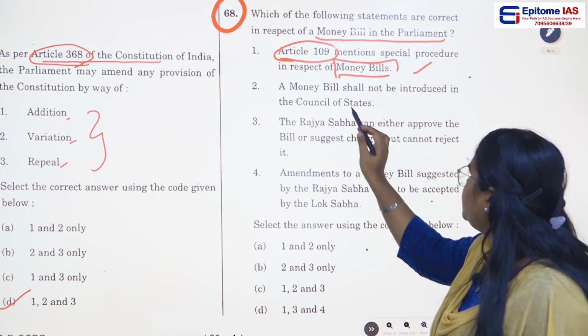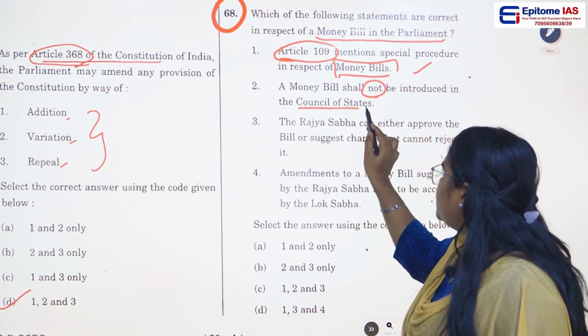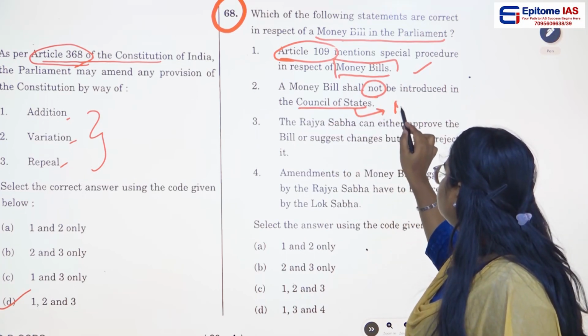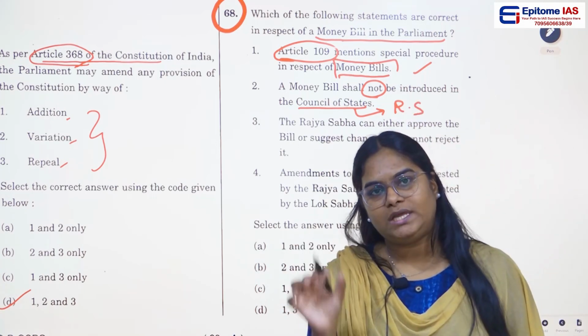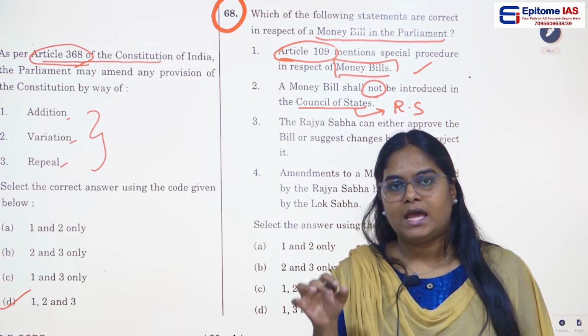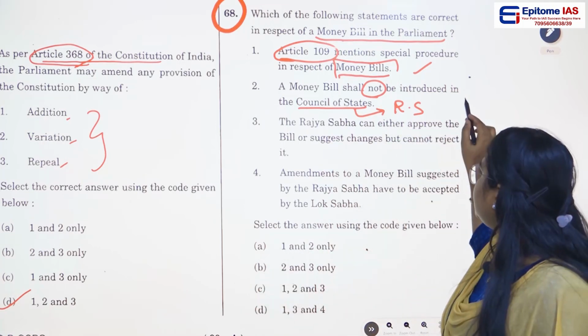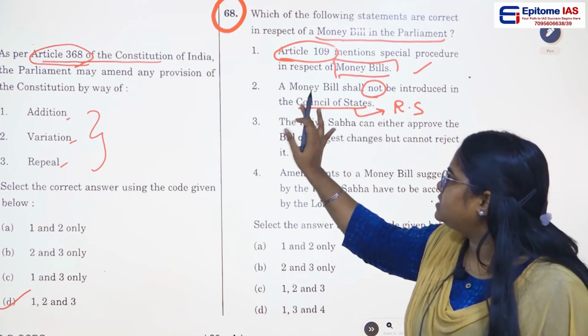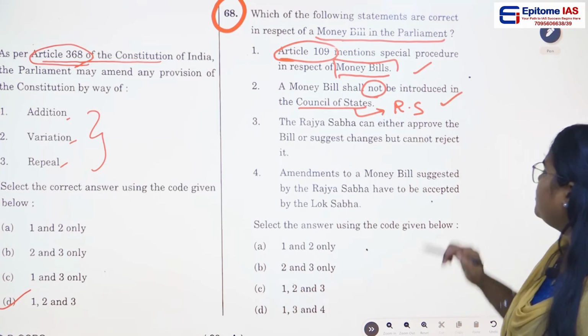Second statement, a money bill shall not be introduced in the Council of States. What is the Council of States? It is nothing but the Rajya Sabha. Yes, it is true. The money bill should only be initiated in the Lok Sabha and shall not be initiated in the Rajya Sabha. So this particular statement is correct.